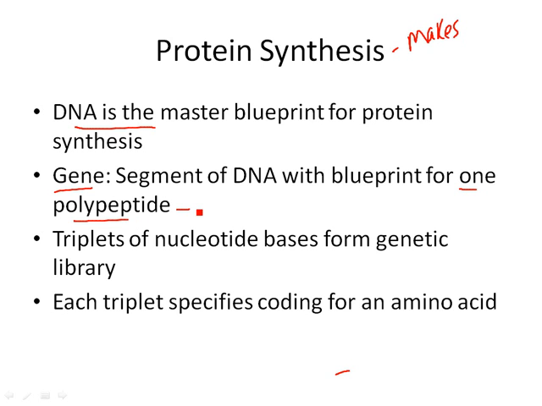And a polypeptide is just a string of amino acids, a chain of amino acids, and we call that a protein. We're going to talk a little bit about triplicates here in just a minute, so I'll come back to that.